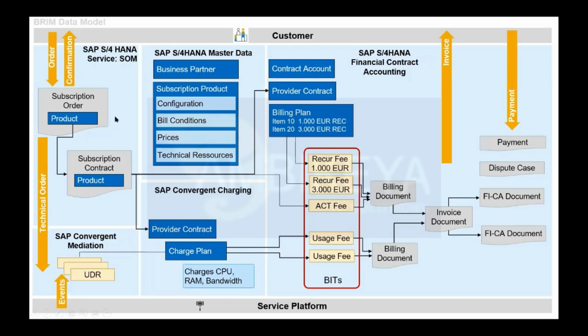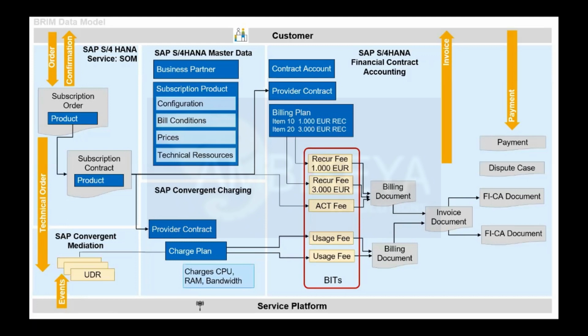We have a cloud selection service which can be configured in our training, and we start with a subscription order in the Service Order Management, SOM, with a Fiori app that you have seen just before. And we have a configurable product in our material, which is configured with the advanced variant configurator.